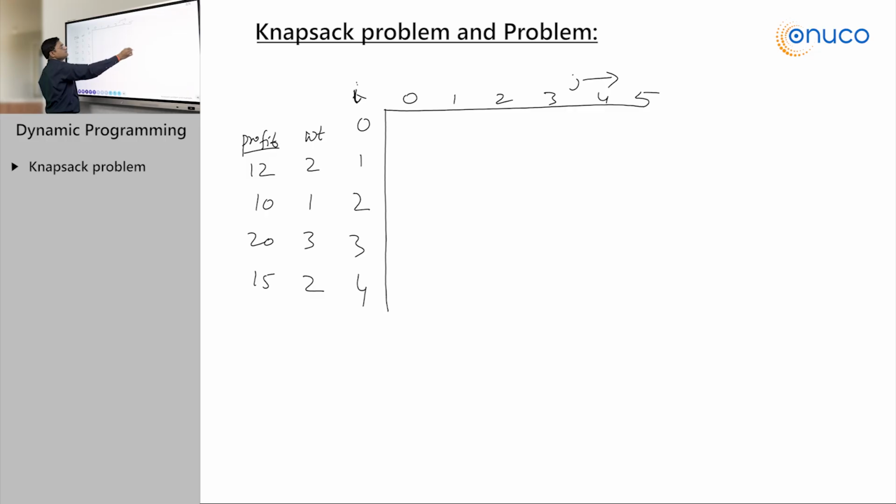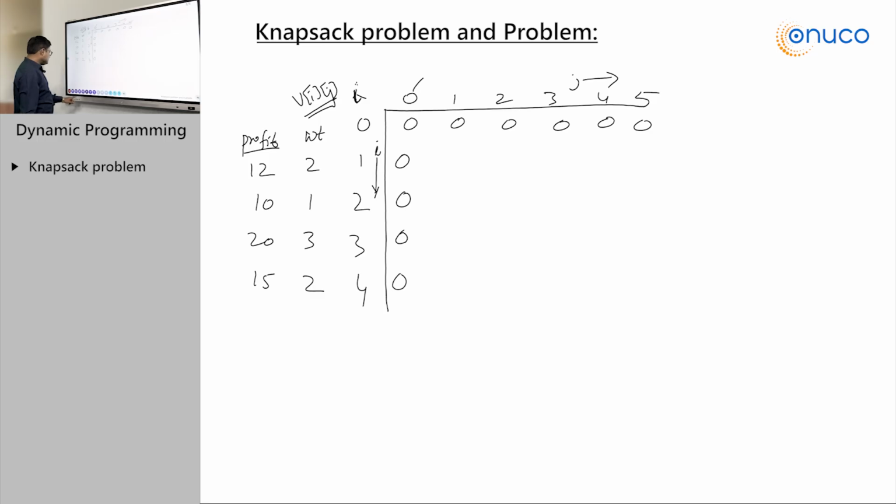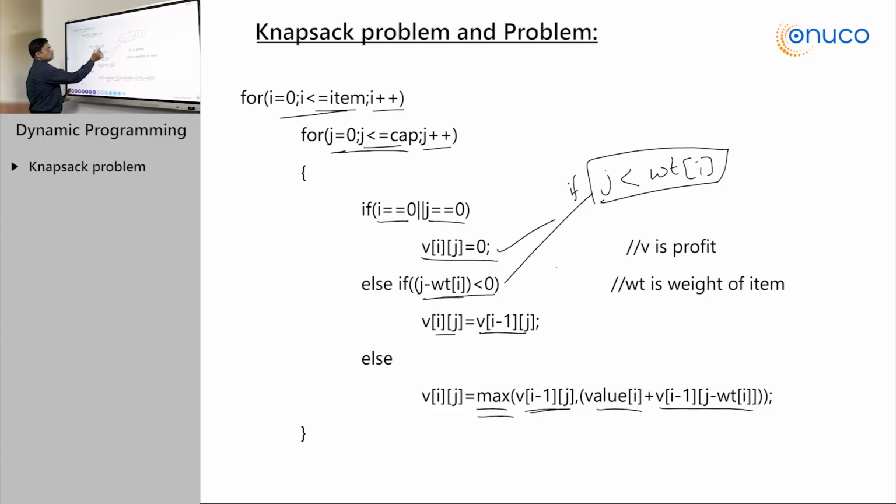We are going to make this profit table, V of I,J. This part is I, and this part is J. If the number of items is 0, profit will be 0. If the capacity of the bag is 0, then profit is 0. That is what we have mentioned in this loop: if I is 0, profit is 0; if J is 0, profit is 0.